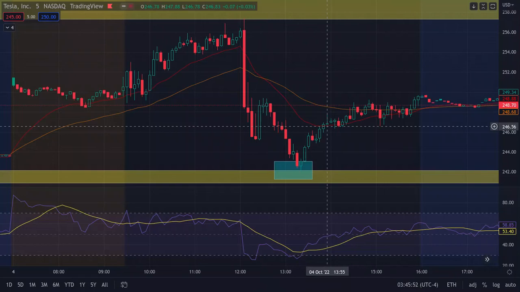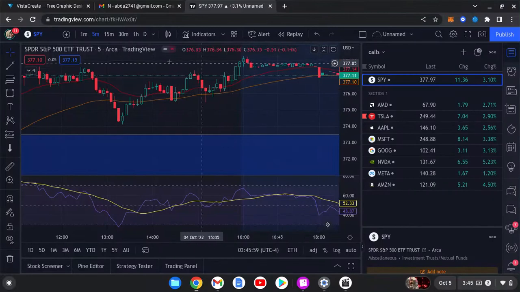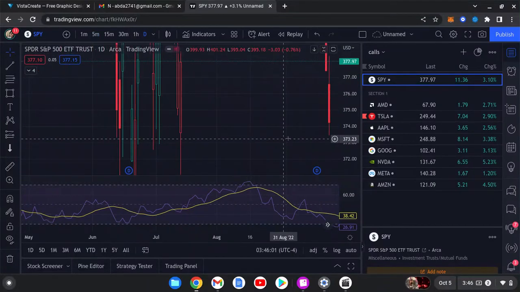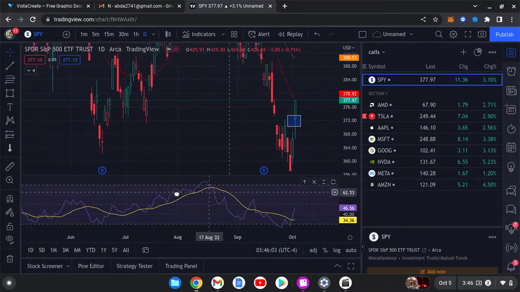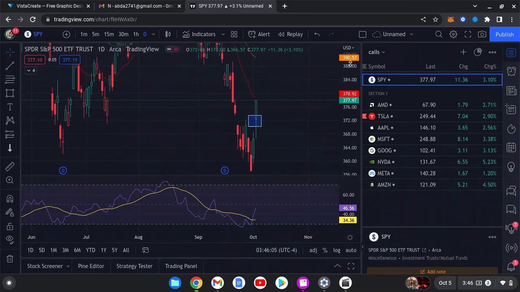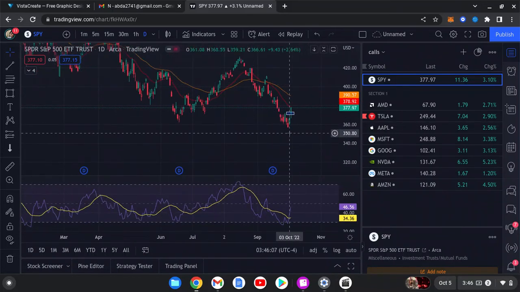There hasn't been any real good news on why the market should recover. The only reason is probably because of how oversold we are. So things are just cheap.